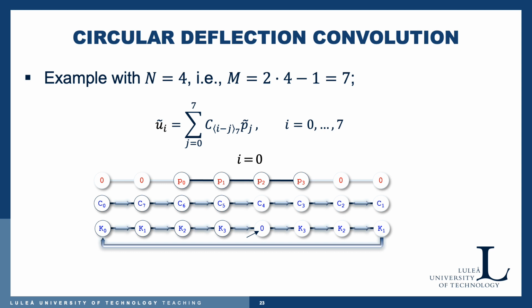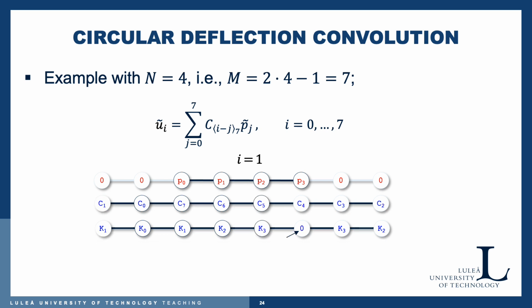I have marked out here the position of the 0, and now you can see the circulation scheme looking like this. And if we then move one step, you can easily follow the 0 here, and of course also follow all the other indices, and we can see that the C1 index is now the first one in the C row, and we have K1 as the first one in the K row.